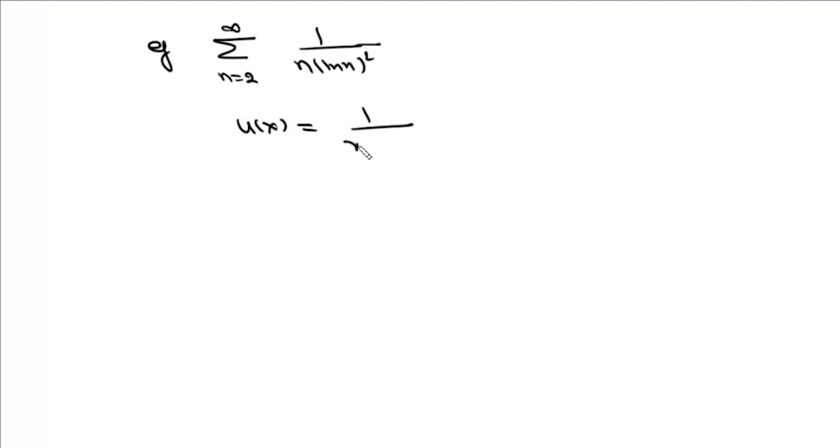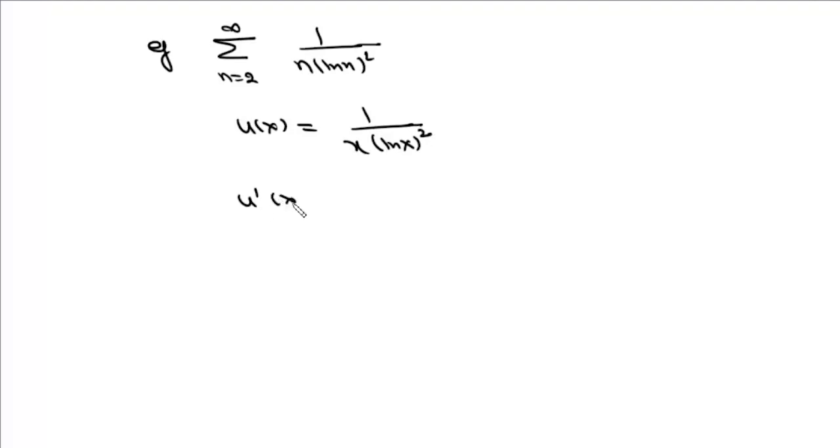Now let us take another example. We have to test for the convergence of this series summation 1 upon n (log n) whole square, where n varies from 2 to infinite. Now the corresponding function is u(x), which will be 1 by x (log x) whole square.